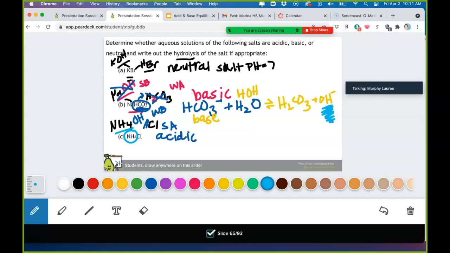Now, it's not a strong acid, so it's not like all of a sudden you've created one of our 6 strong acids. But its conjugate is so strong that it will undergo hydrolysis. So the ammonium ion will undergo hydrolysis, which means I add water to it.